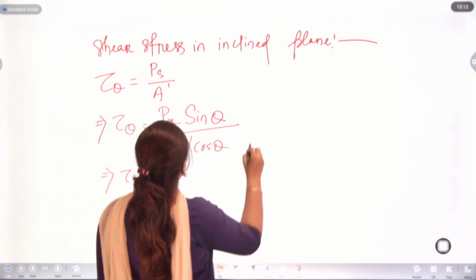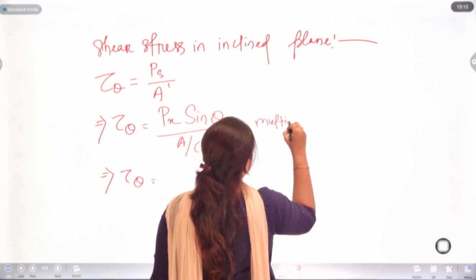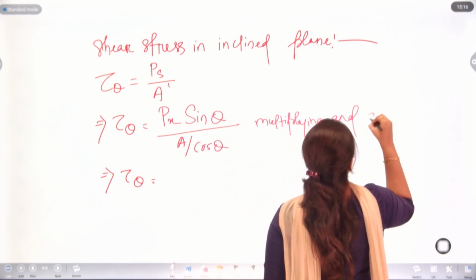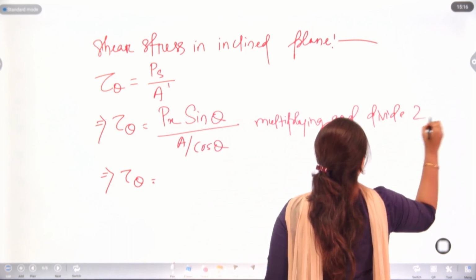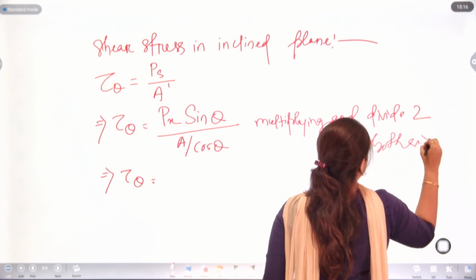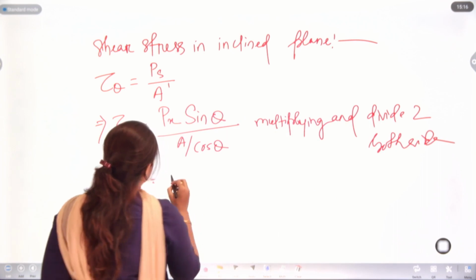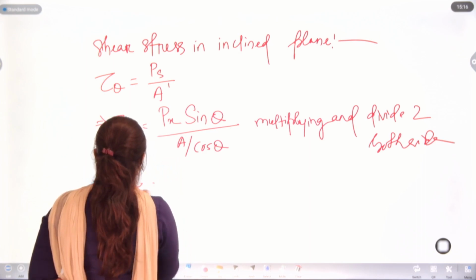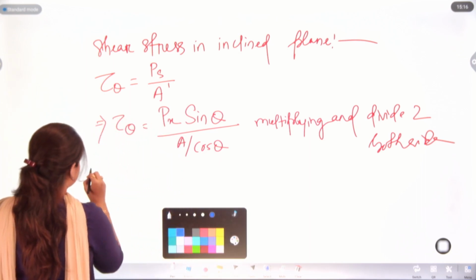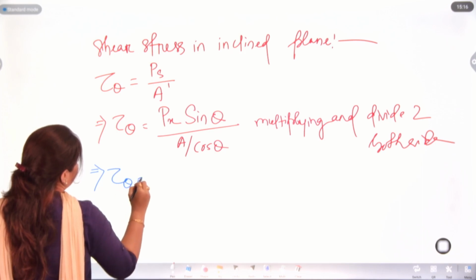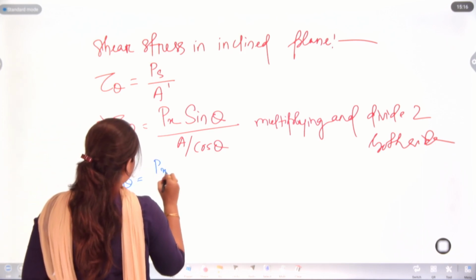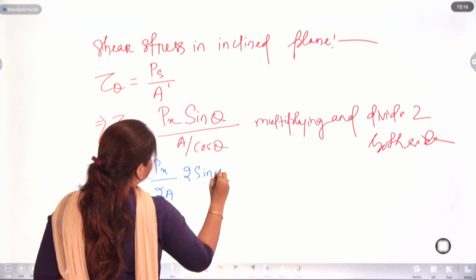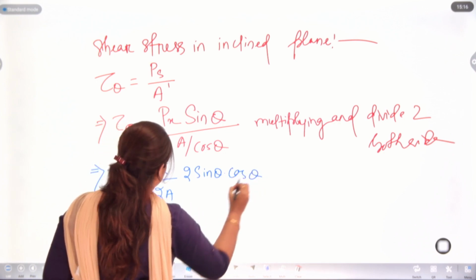Now multiplying and dividing both sides by 2, our tau theta will be Px by 2A into 2 into sin theta into cos theta.